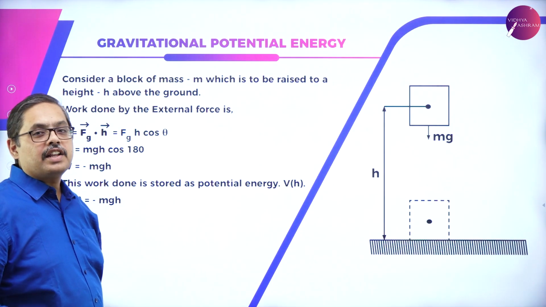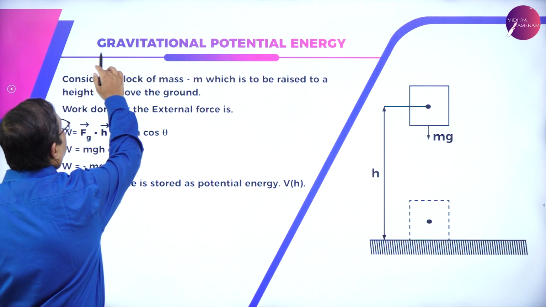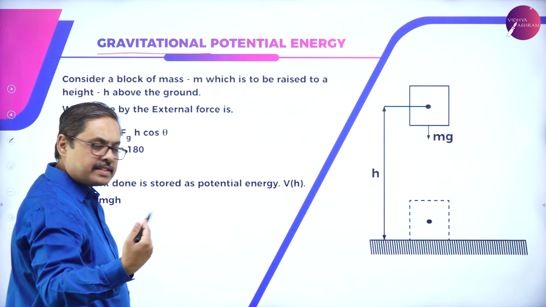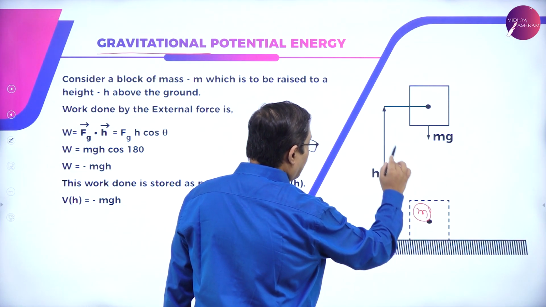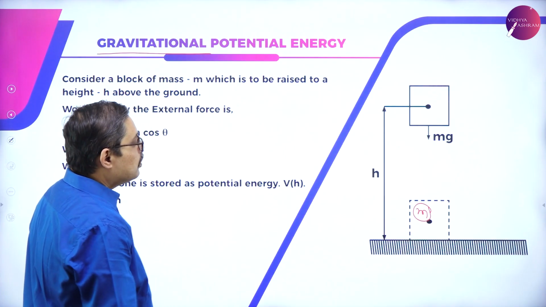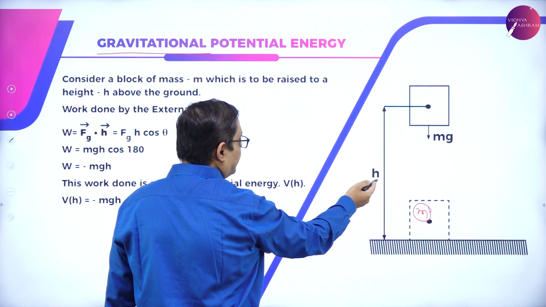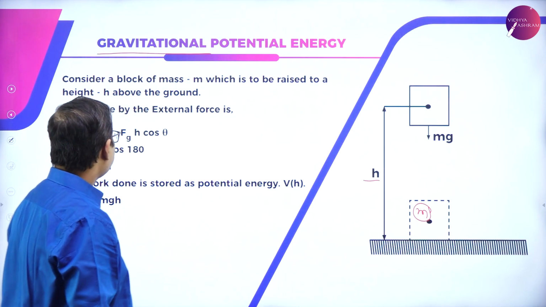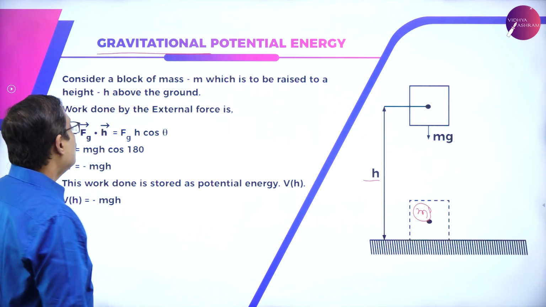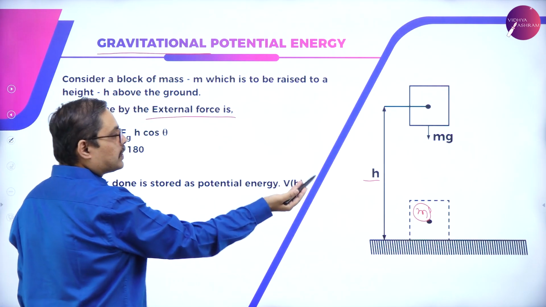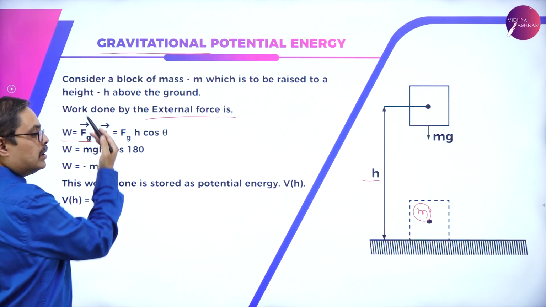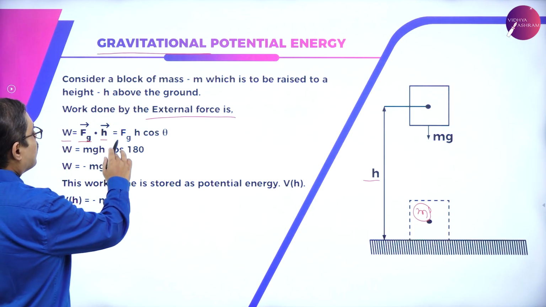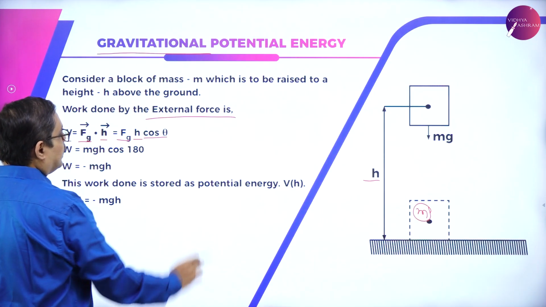Let us understand gravitational potential energy. Let us take the same example. We had a body or block of mass m which has to be raised by a height h above the ground. Work done by the external force is given by work is equal to force into displacement, or force into height into cos theta.